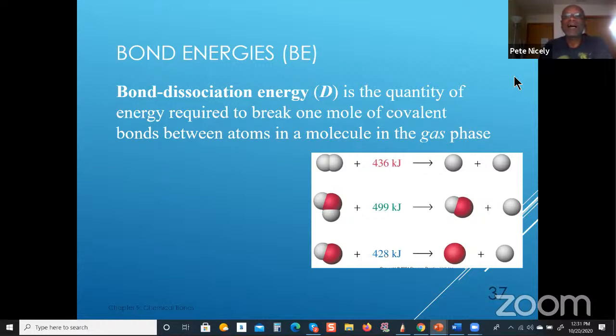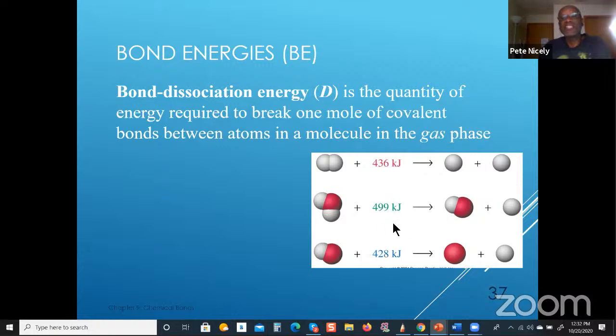Okay, as I was saying, in the case of hydrogen, the amount of energy needed to break the hydrogen to hydrogen bond is 436 kilojoules, right? And here's another example, the water molecule, where you have the oxygen bonded to two hydrogen atoms.